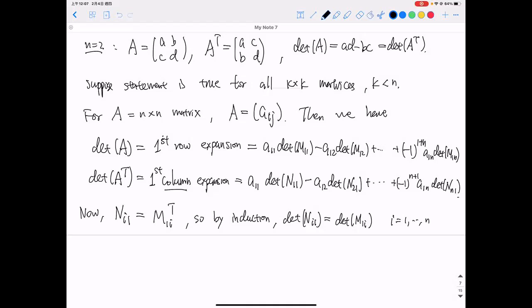That is to say, this determinant is equal to that determinant, and so on. So in doing this, you see that the two expansions match term by term. Therefore, these two determinants are equal.